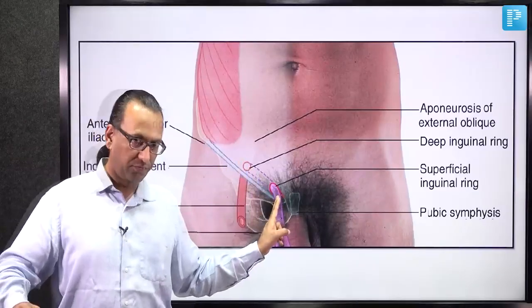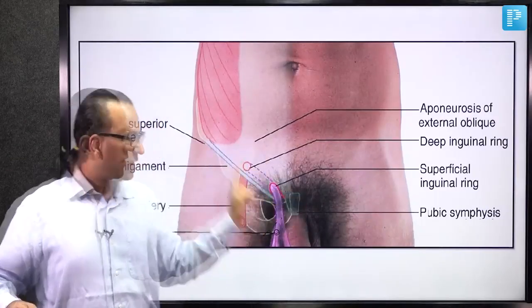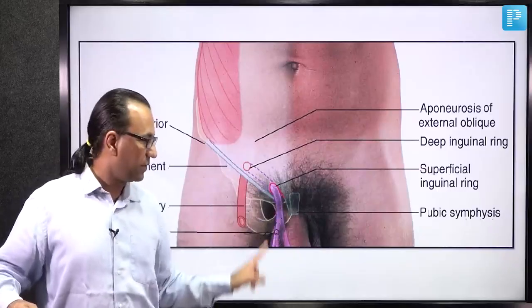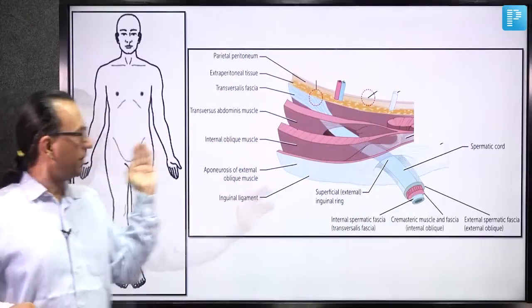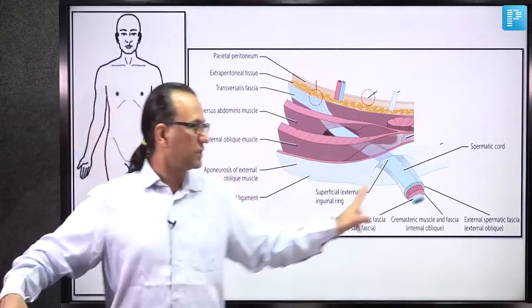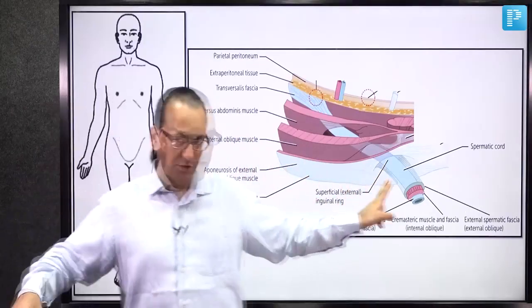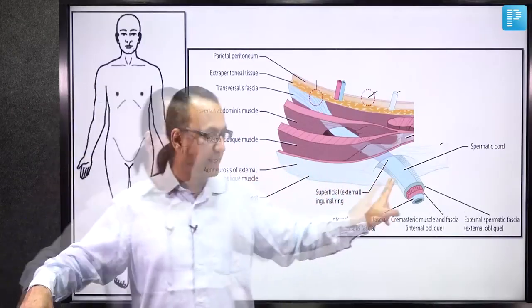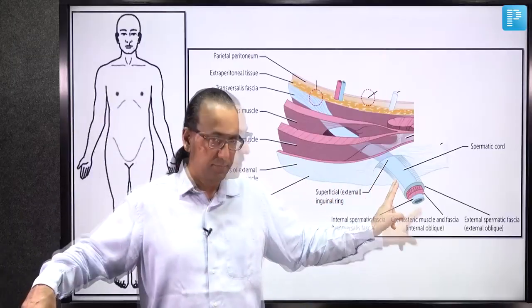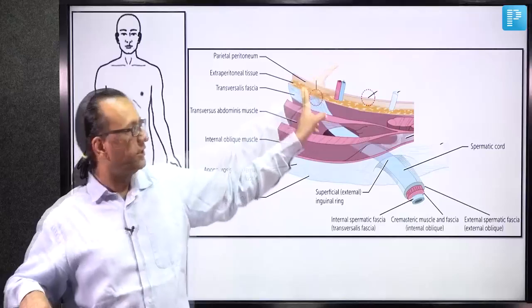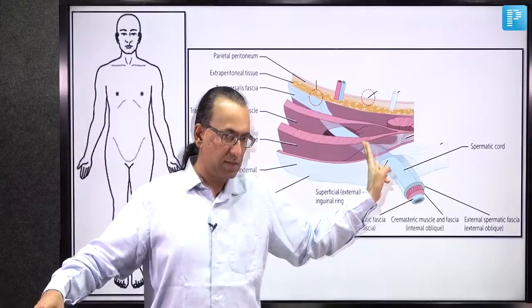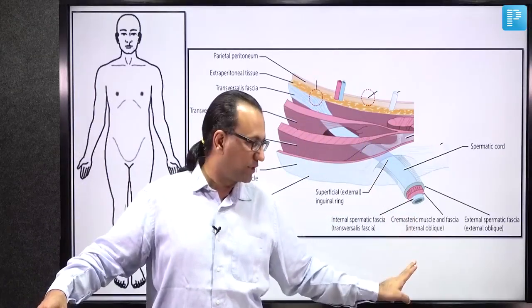Let us look at the details of the muscles here and their contribution to the spermatic cord and the scrotum layers as well. We are looking at the anterior abdominal wall, the right-sided inguinal canal here, and as you can see, the most anterior muscle is the external oblique aponeurosis. It remains the anterior wall of the inguinal canal, through which the spermatic cord is passing. The spermatic cord is coming from the pelvic region, entering the inguinal canal and then the scrotum to reach the testis.